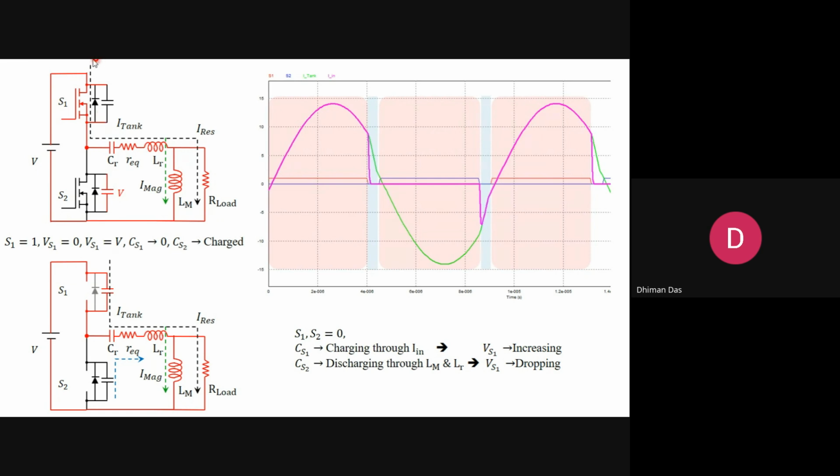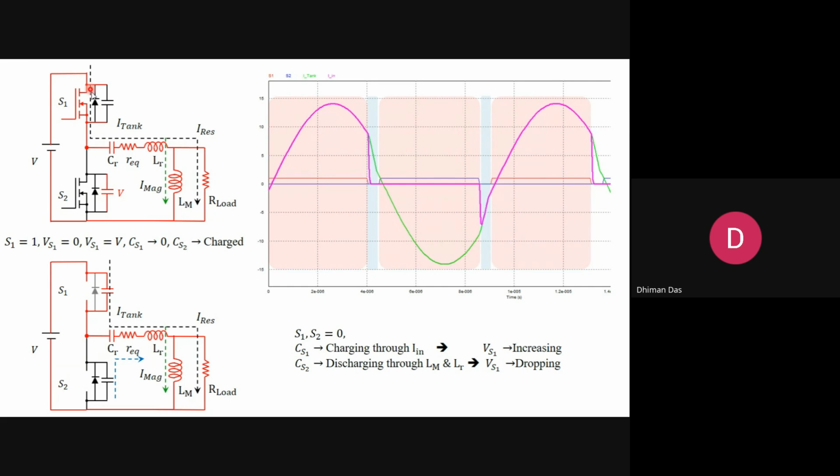This is very useful to understand, but it is quite complicated and quite difficult to understand at certain regions. So let's start with a half bridge cell so that you can understand it very easily.